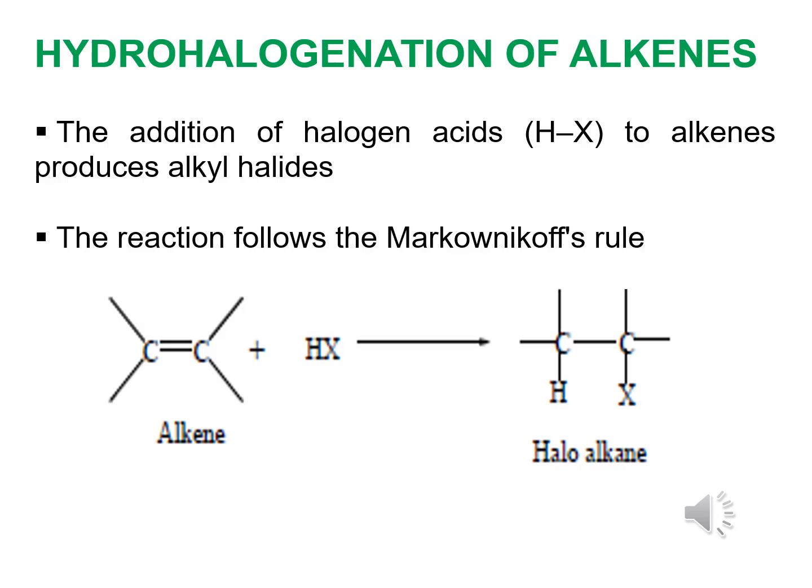Remember, water can split into hydrogen and hydroxyl. So the carbon that has more hydrogen is going to get the hydrogen. The carbon that has less hydrogen is going to get the hydroxyl. So that is how Markovnikov's rule is employed in unsaturated systems of alkenes.